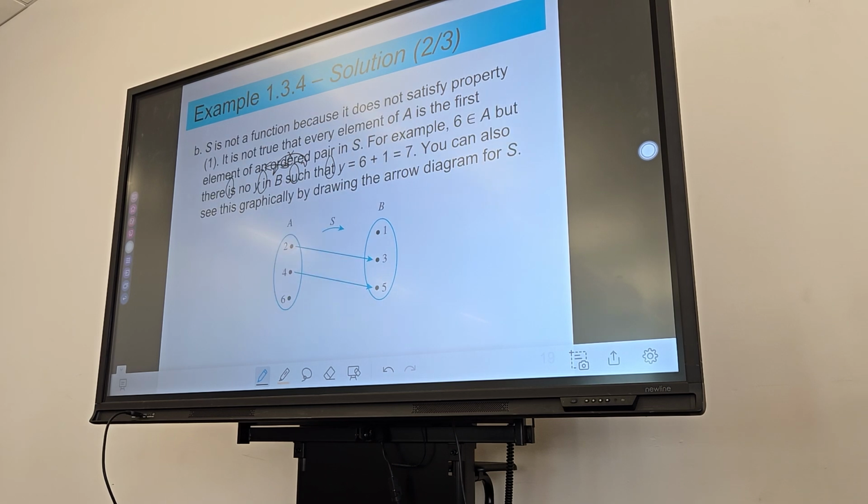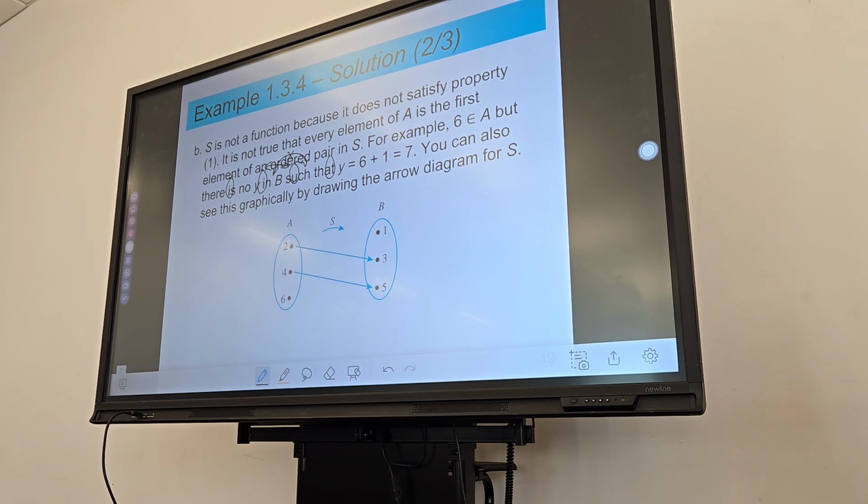Here we go. S is not a function because it does not satisfy the first property of a function. It is not true that every element of A is the first element of an ordered pair in S. For example, 6 is an element of A, but there is no Y in B such that Y equals 7, because of the equation Y equals X plus 1.